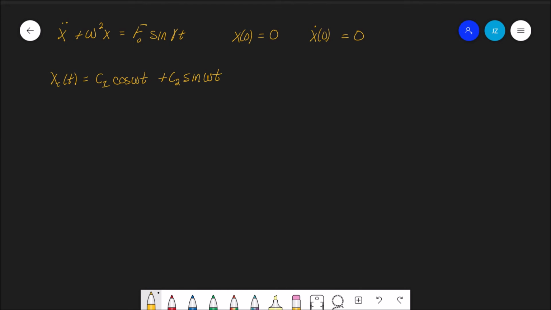We have to find the steady state now. Well, notice that our big F of t is some constant f naught times sine of gamma t. So the steady state will have the form a cosine gamma t plus b sine of gamma t.